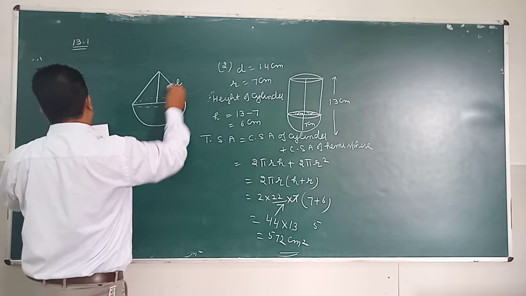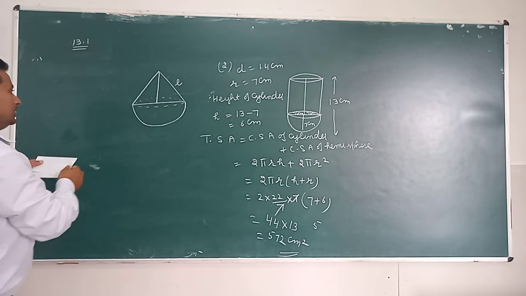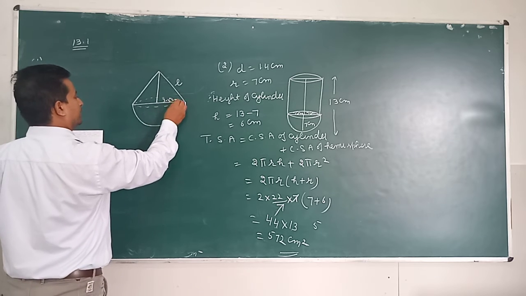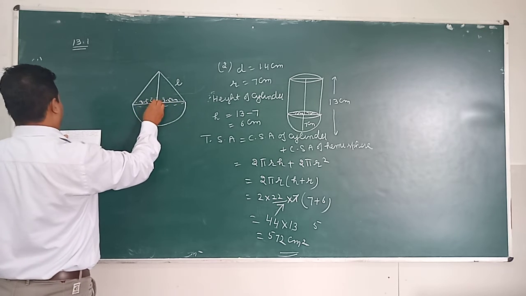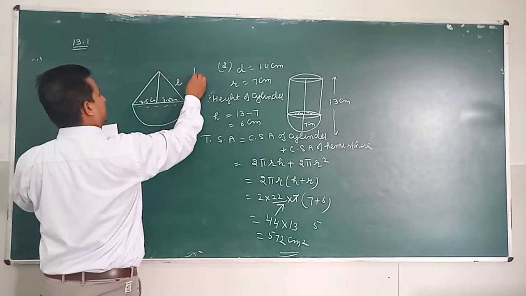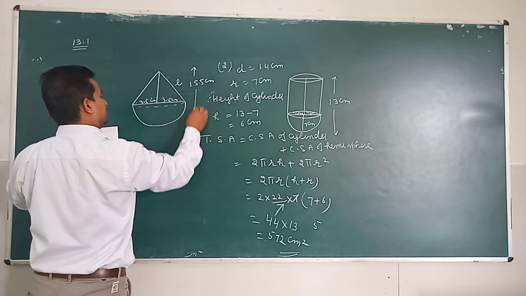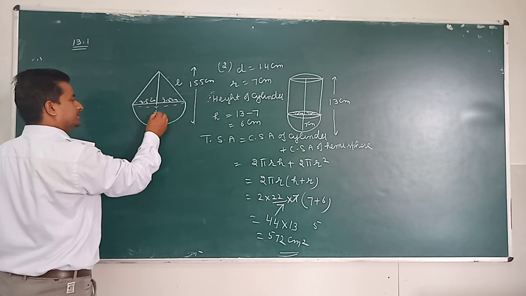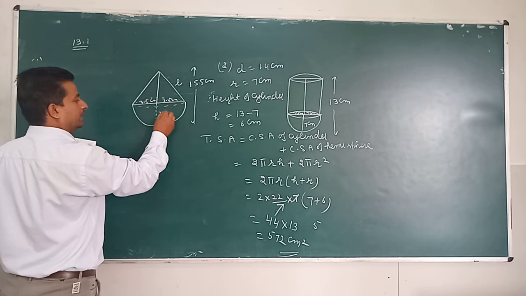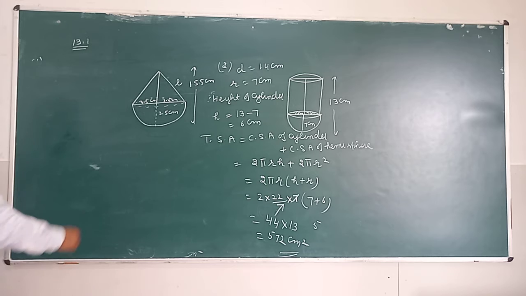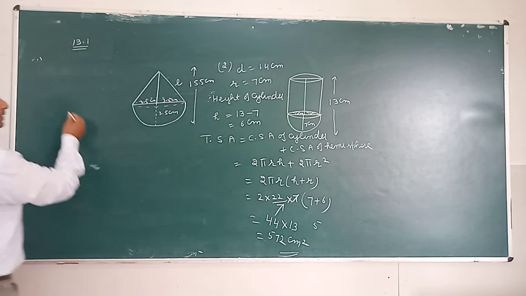This is the slant height. So the radius of hemisphere is 3.5. This is 3.5. The total height of the toy is 15.5. This is the radius, again 3.5. We are required to find the total surface area of this toy.